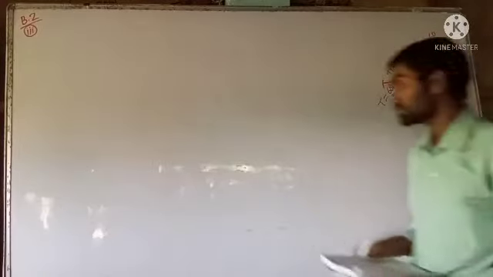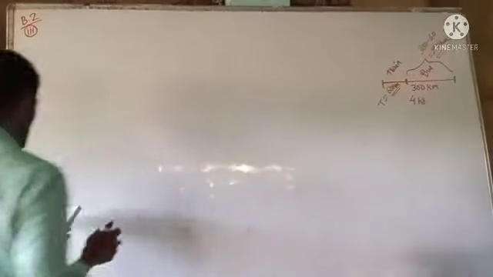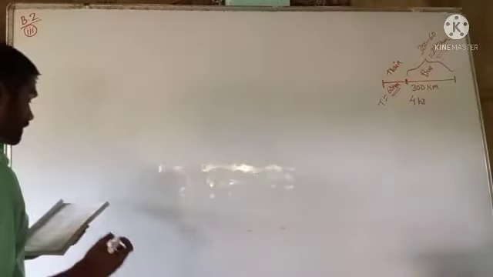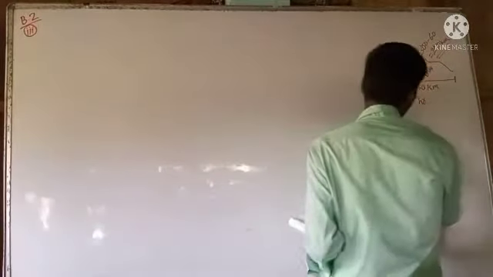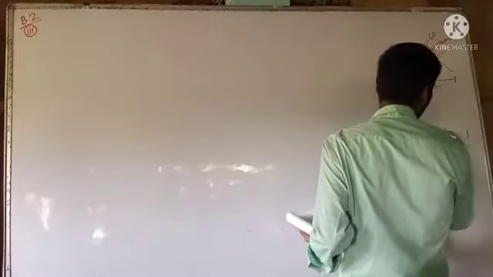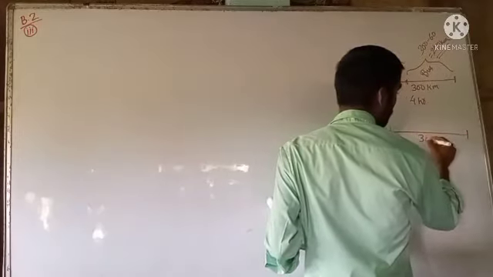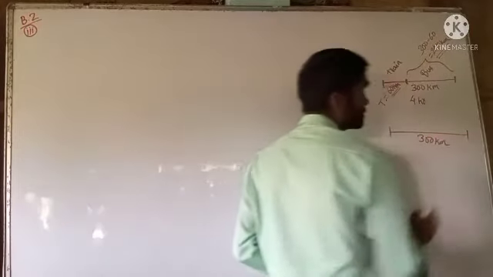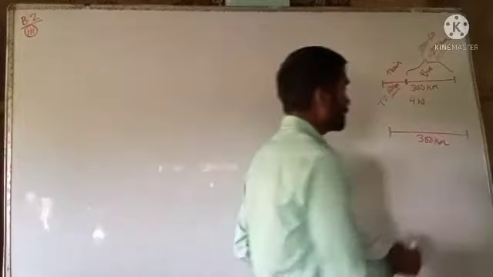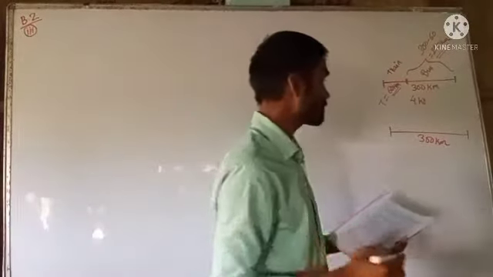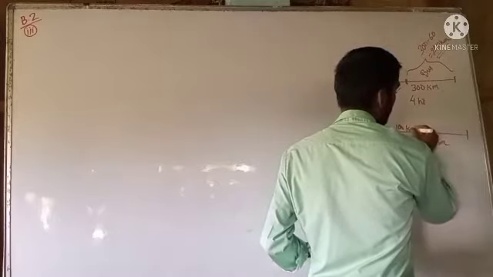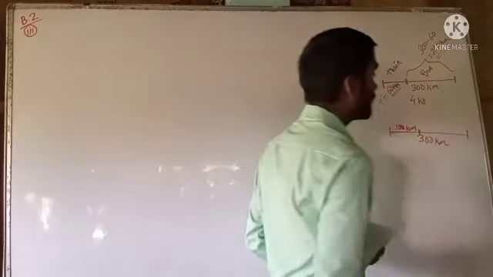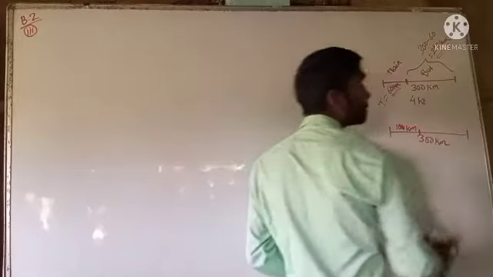Now for the second condition it is said, now if she travels the same 300 kilometer, if she is traveling 100 kilometer by train, then the remaining she is covering by bus.